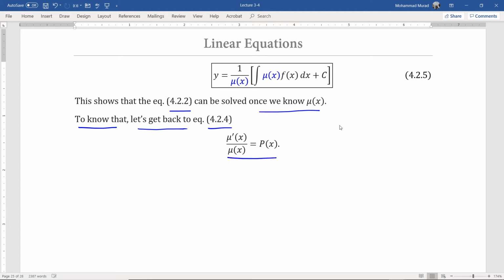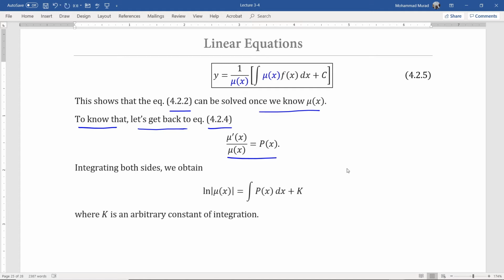Mu prime over mu equals the function p. Integrating both sides, we obtain the natural log of the absolute value of mu of x equals the integral of the function p plus k, where k is an arbitrary constant of integration.